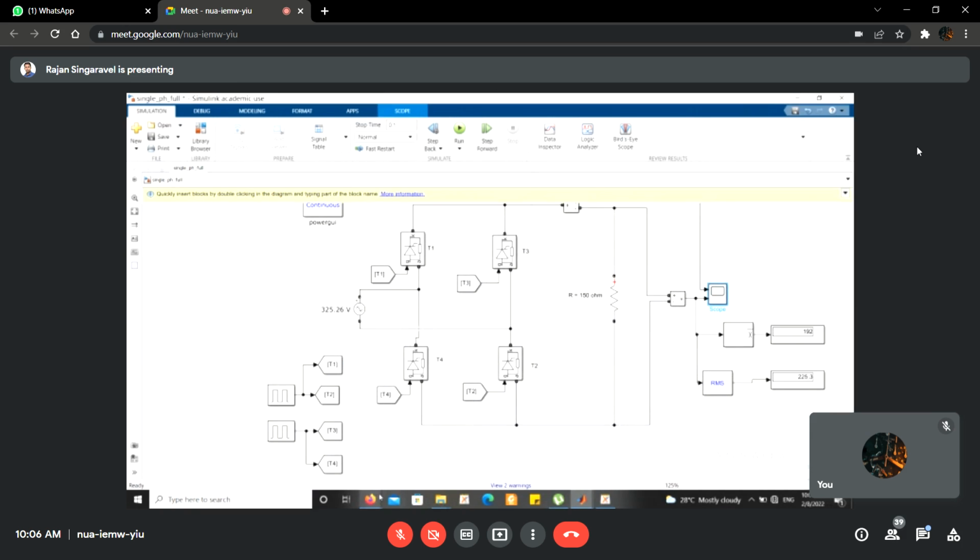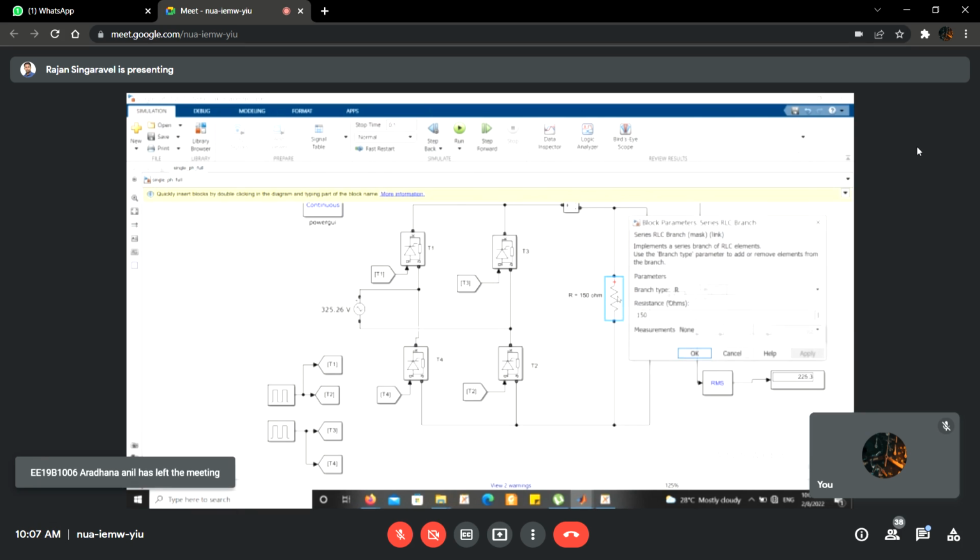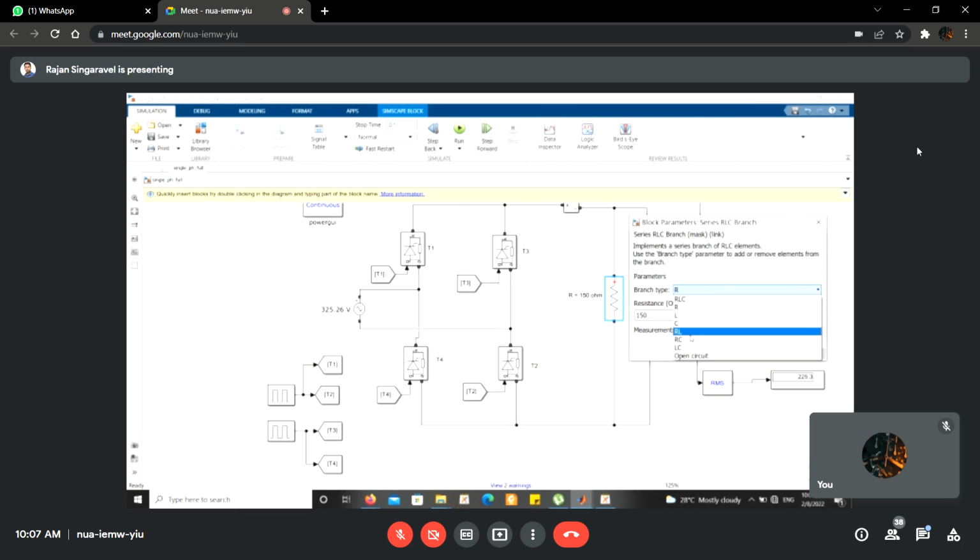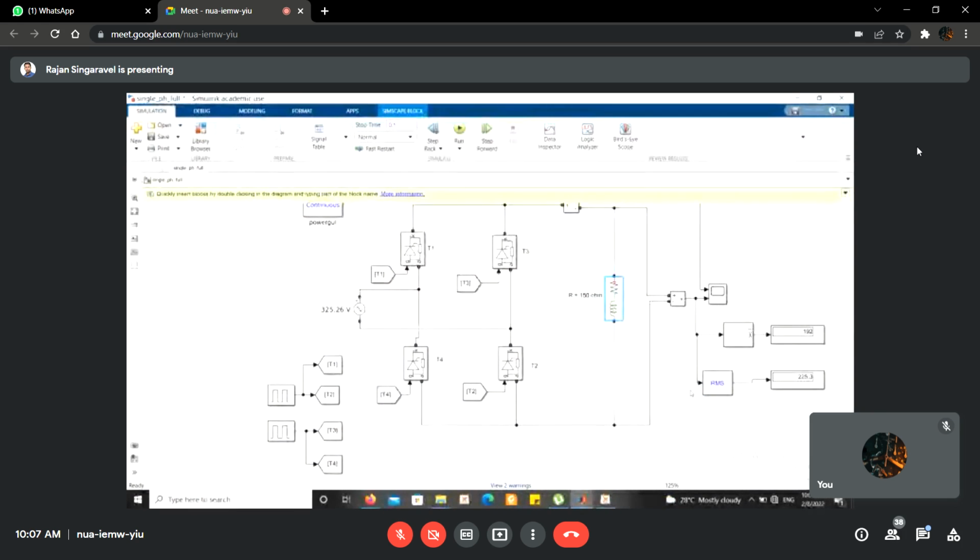Now, if we go to introduce RL instead of R, I am going to use RL here. So now I have 150 ohm resistance and 40 millihenry inductance with the same 30 degree firing angle.